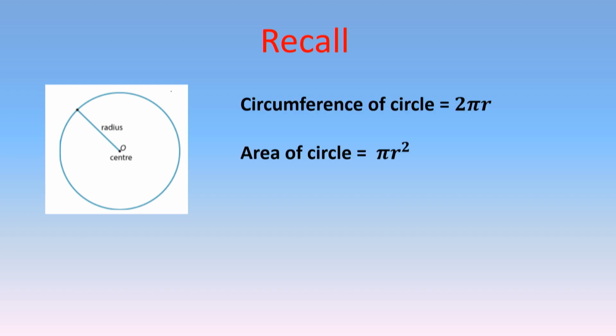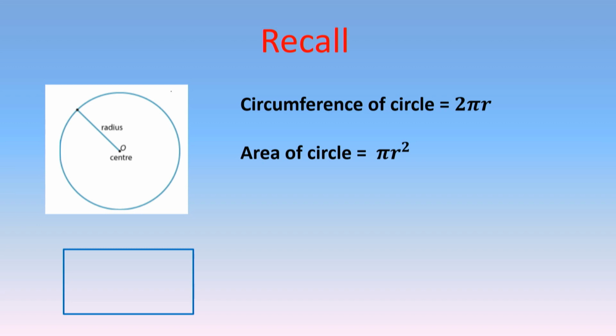Before we continue, let us quickly make a recap on circles. You will remember that a circle has its center in the middle and a radius. Now, the formula for circumference of circle is 2 pi r. And the area of circle is pi r square.